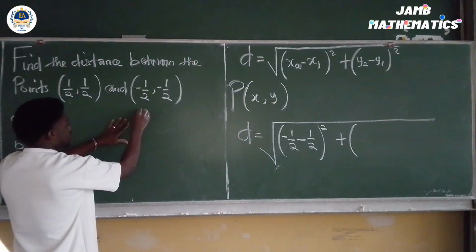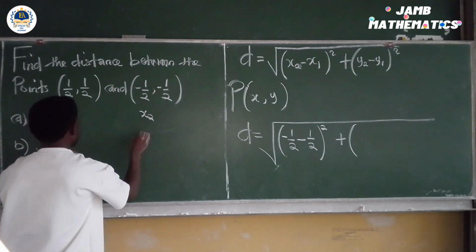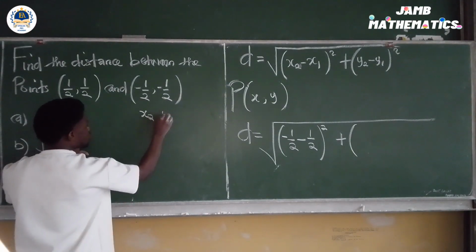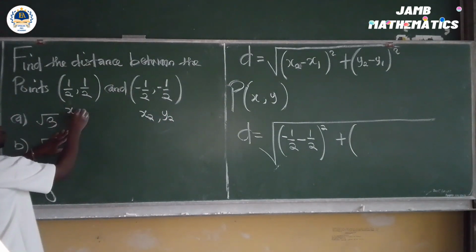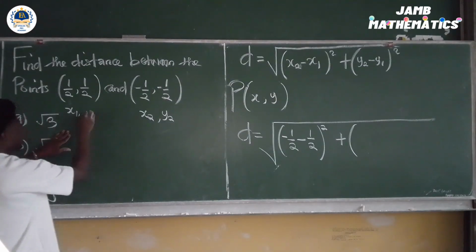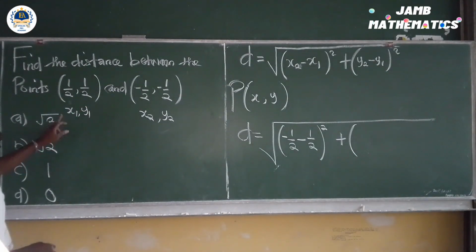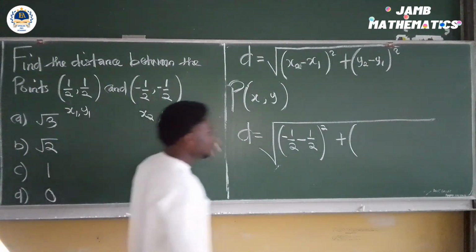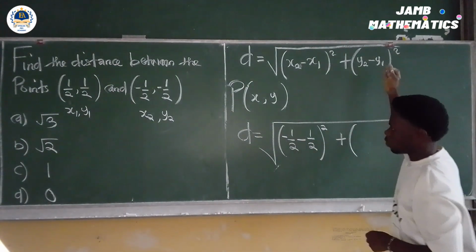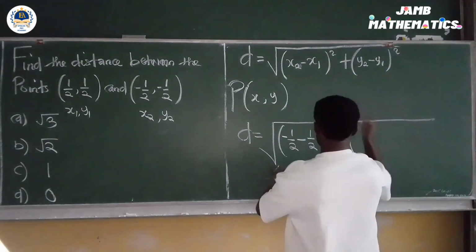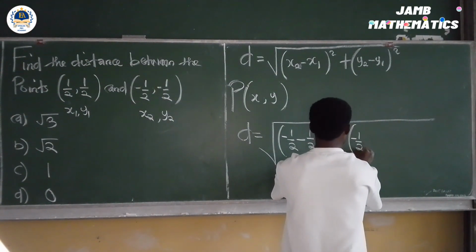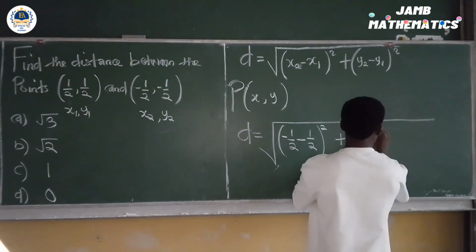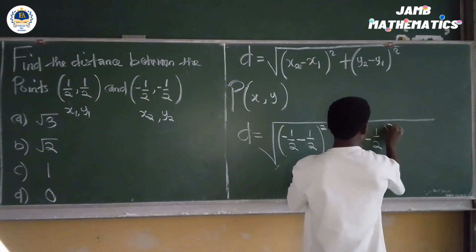This is x2 and this is x1. So this is y2 and this is y1. So we have x1, y1, x2, y2. So at this point, we are working on the y2 minus y1. So y2 on the board is minus 1 over 2 minus y1 is 1 over 2 all squared.